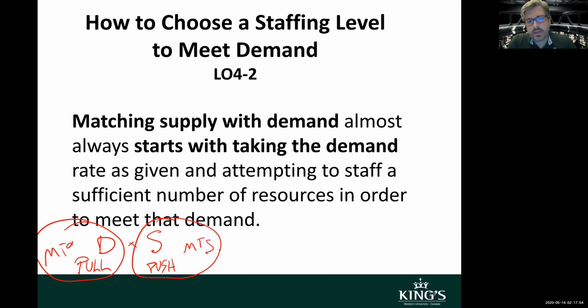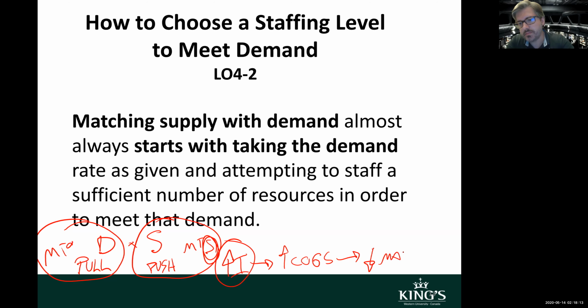Inevitably, a push process, a make to stock process, as the name itself says, tends to have higher inventory. And higher inventory leads to higher COGS, which on the other hand leads to lower margins.